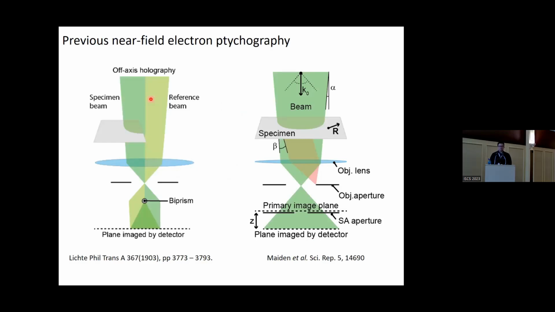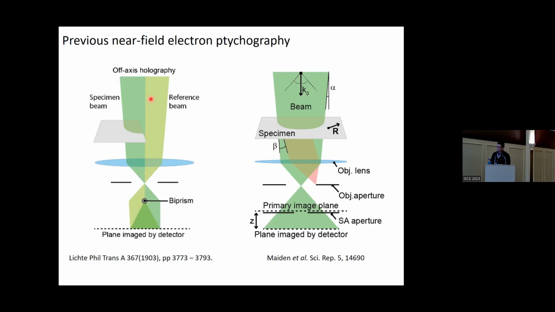quantitative phase imaging has been mostly carried out by off-axis holography, which is a very, very advanced technology, but it is not accessible by most TEMs, because we do require an electrostatic biprism mounted inside the TEM, and vacuum needs to be very clean, and the specimen must be carefully aligned.